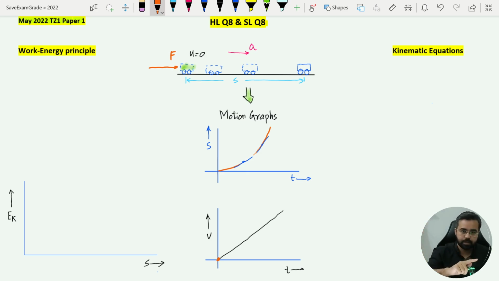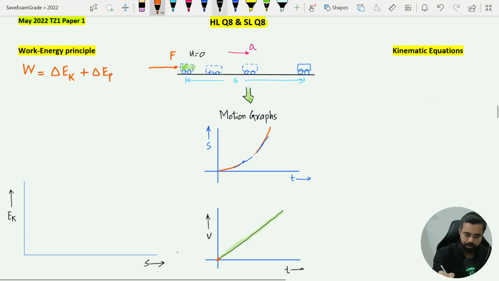So displacement is increasing, we saw from the displacement time graph, and velocity is increasing, we saw from the velocity time graph. It means that the work done by this resultant force is changing its kinetic energy, but there is no change in the potential energy because it is moving on the horizontal surface.